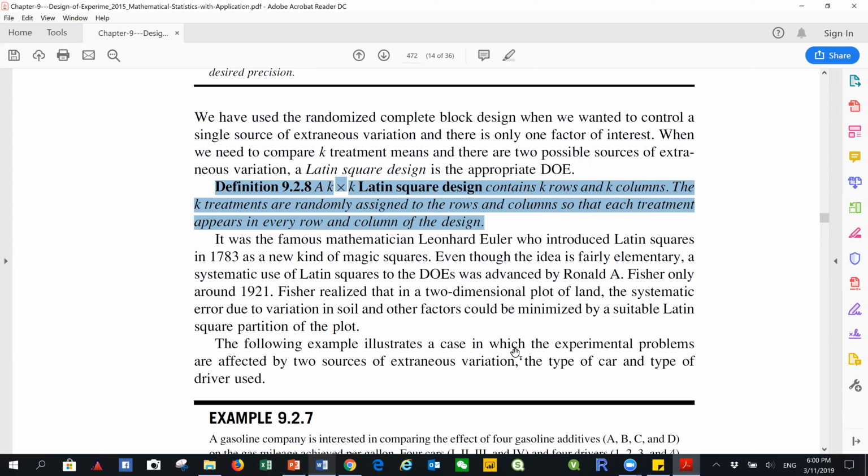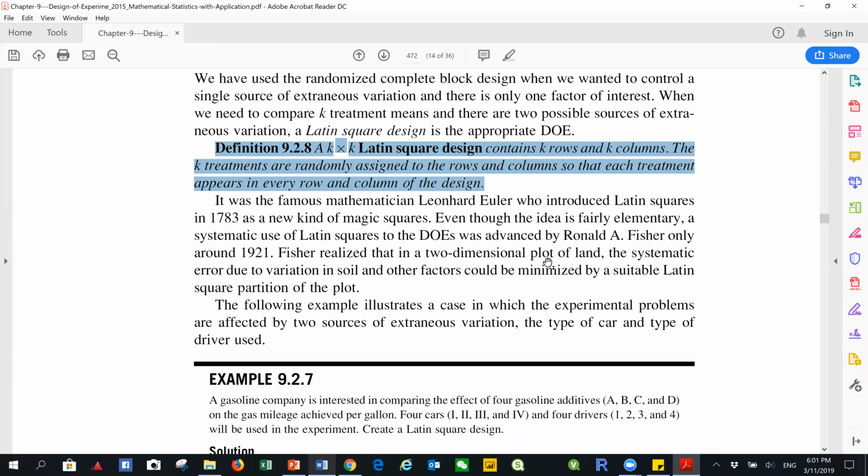And the K treatments are randomly assigned to the rows and columns, so that each treatment appears in every row and column of the design.